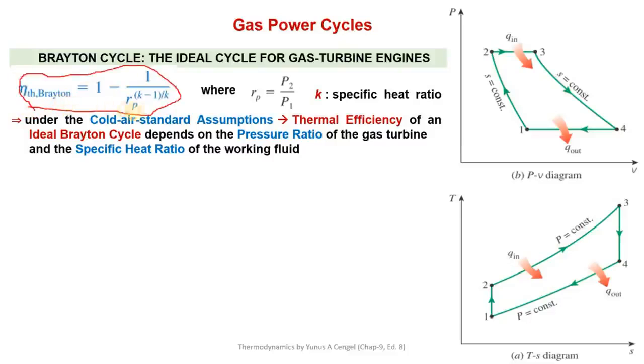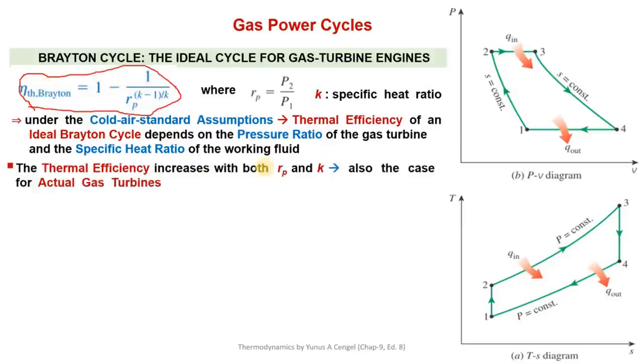So the ideal Brayton cycle is telling us that the efficiency of this cycle is mainly dependent upon these two terms. So in actual cycles also, these two parameters will have a huge effect on the thermal efficiency. So the thermal efficiency increases with both pressure ratio and k, which is also the case in actual gas turbines.